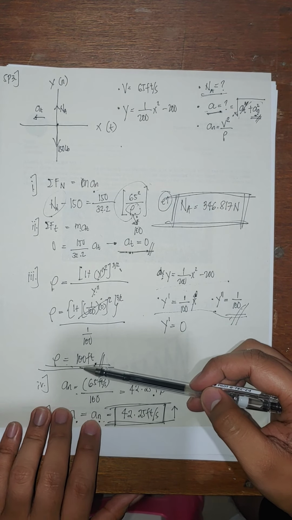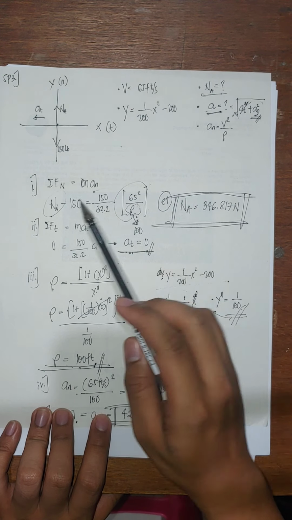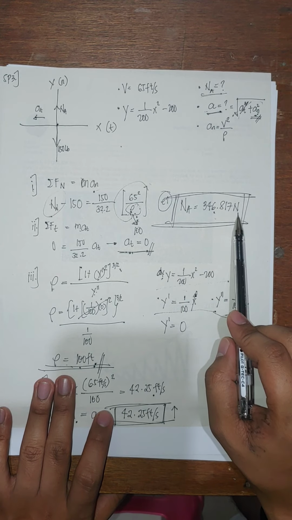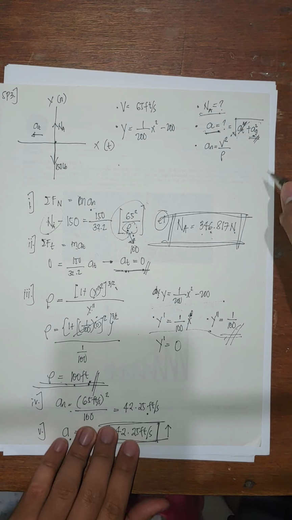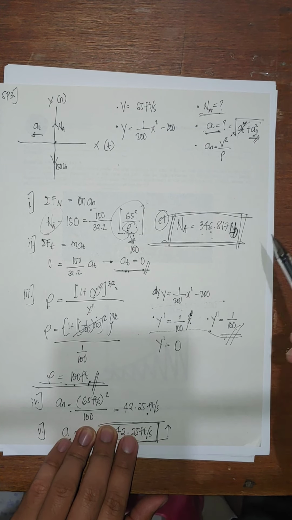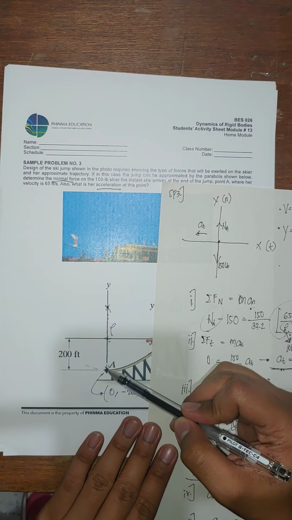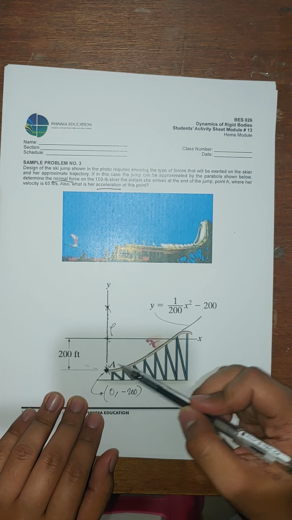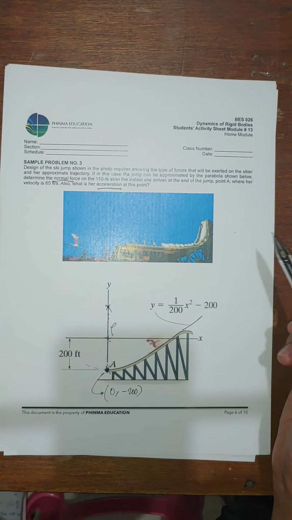So we also have the radius of curvature, and from this equation we can solve for the normal force at A, which is equal to 346.817, and sa module is 347. Sorry, this is not newton, this is pounds. Okay, this is in US units. So 346.817 pounds. So at this point, the normal force along this gear is 346.817 pounds.